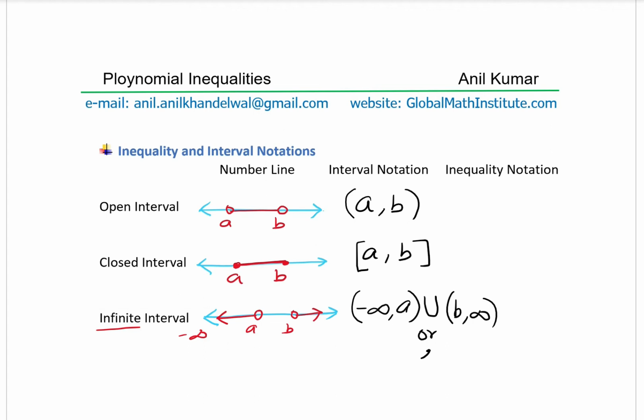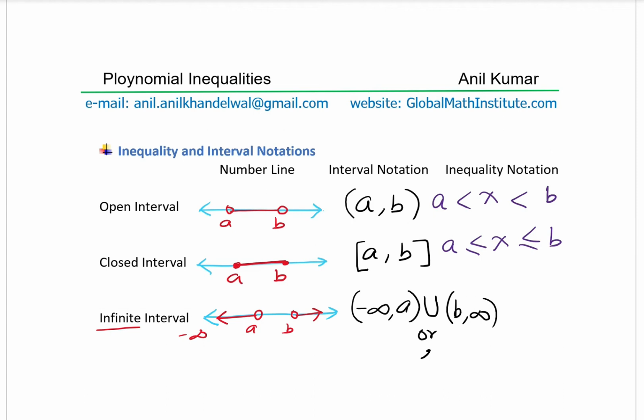Now the same thing can also be written in inequality notation, where we are assuming x is our variable and this is between A and B. So if we use the sign greater than, in that case we have an open interval. However, if I use greater than equal to sign, which is x is greater than equal to A and less than equal to B, it becomes a closed interval where A and B are both included.